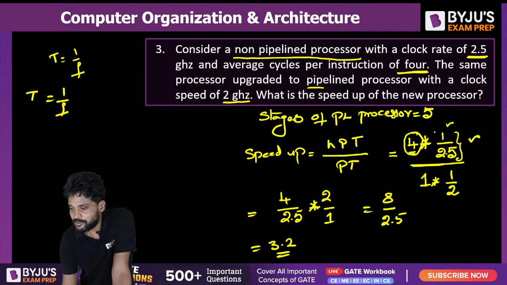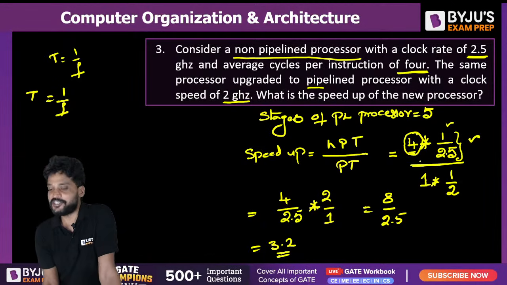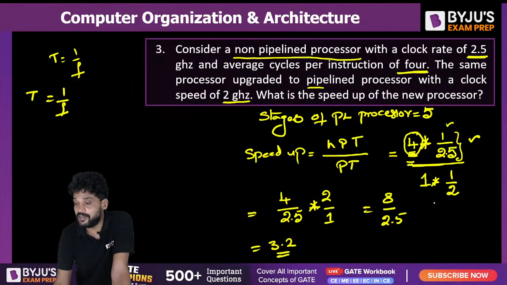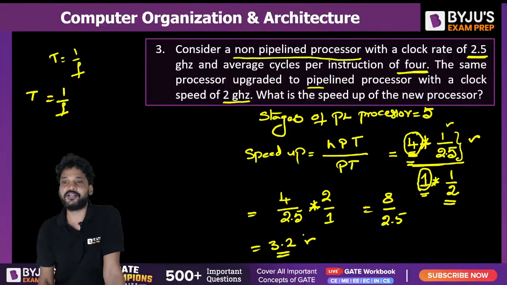How many clock cycles are required to execute one instruction? 4 is the number of clock cycles required for one instruction, so it is 4 into 1 by 2.5. And in a pipeline processor, generally, if there are no hazards, one clock cycle is expected to be taken by each and every instruction. So if we solve this, 3.2 is the correct option here.